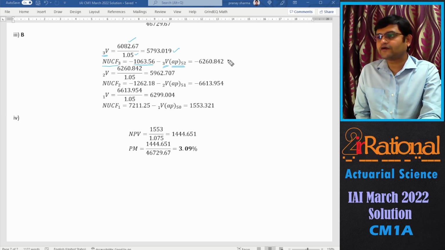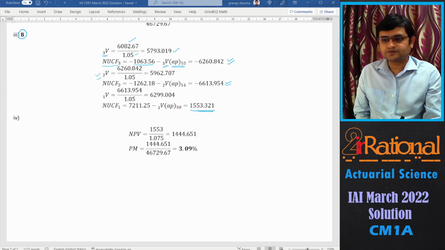So accordingly you will have to calculate the reserve in the second year, again do the same thing for the second year cash flow. You will get another negative, do it for the first year as well, and your first year cash flow would be this. So finally we are getting the option B, that would be 1553, and all others would be 0.